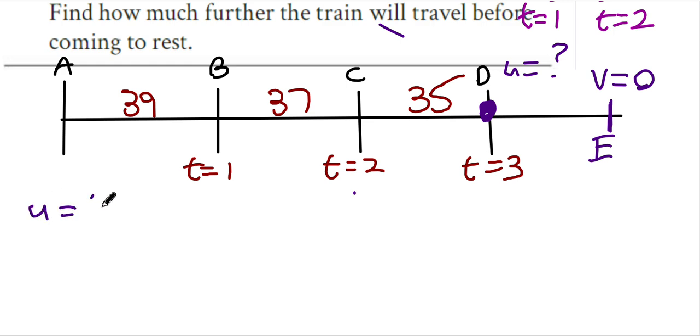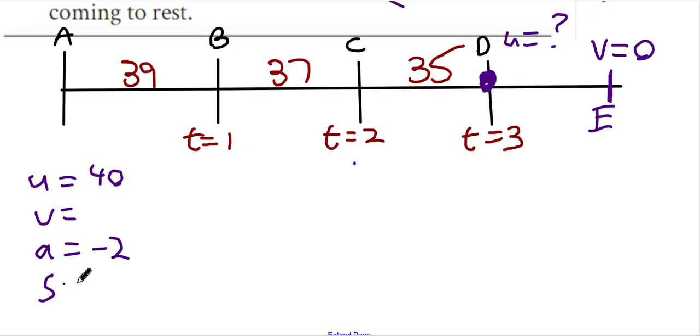So let's think about it. U is 40. V is what we're after. A is minus 2. And s is 111, isn't it? And I'm after v. T value of what? 3. What's the best way to get v? Your choice.